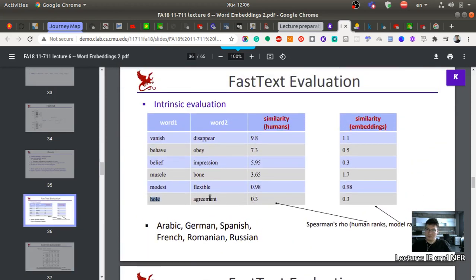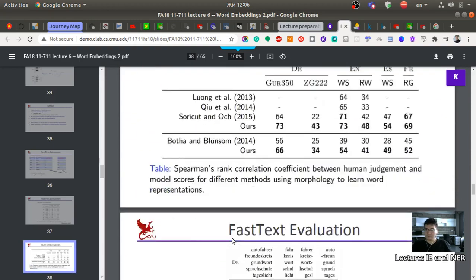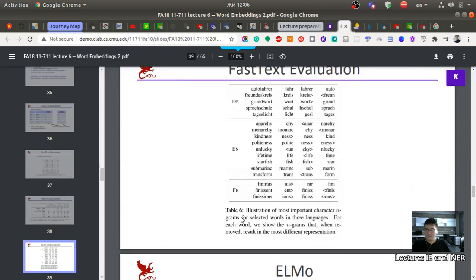So for Arabic, German, Spanish, French, Romanian, Russian, it can be good. I don't know if it is for Turkic Kazakh language, but I think it will also be good for them because you will be able to store this information. Fast text evaluation.